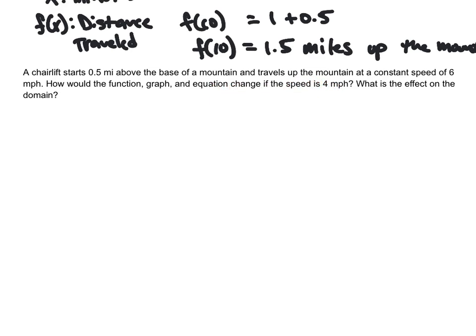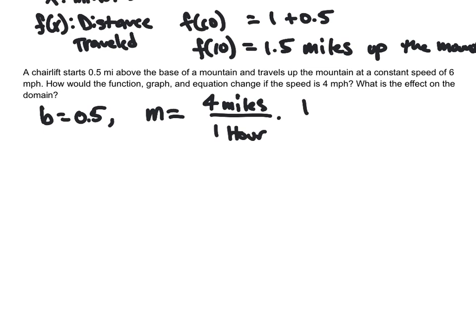All right, so one of the things that I want to determine, we already know that our b value is 0.5. We want to figure out our slope. So if I do 4 miles per 1 hour times 1 hour over 60 minutes, then that's going to end up giving us like 0.0666, and that's in miles per minute.